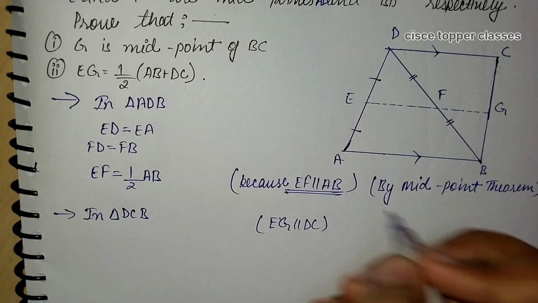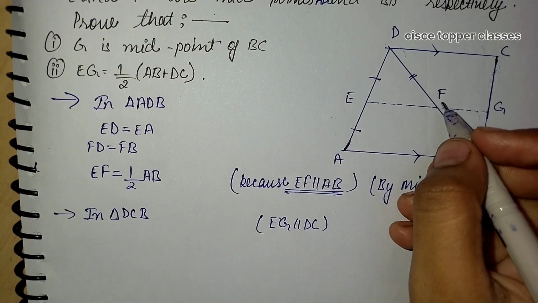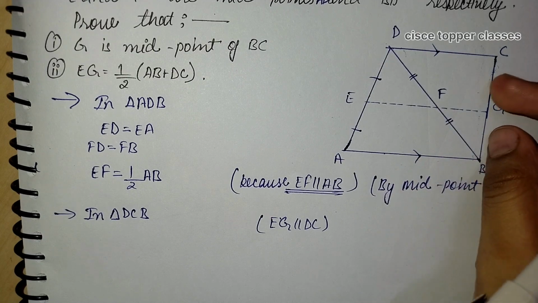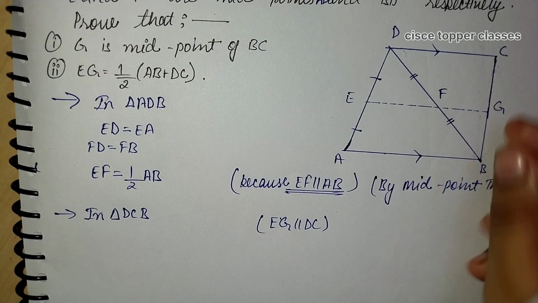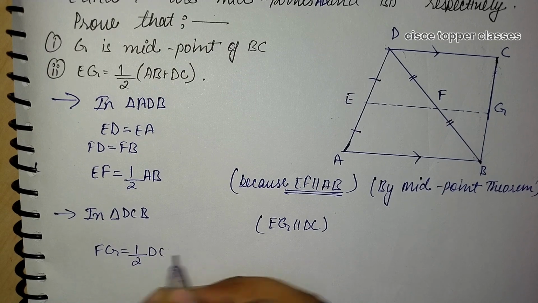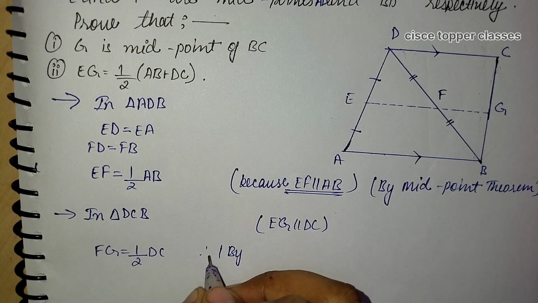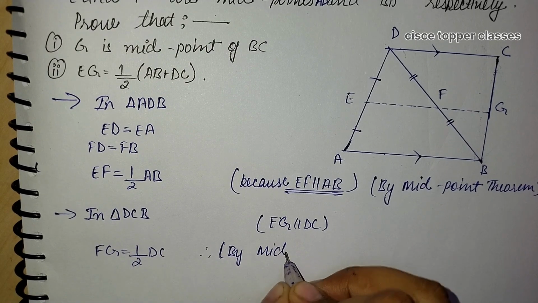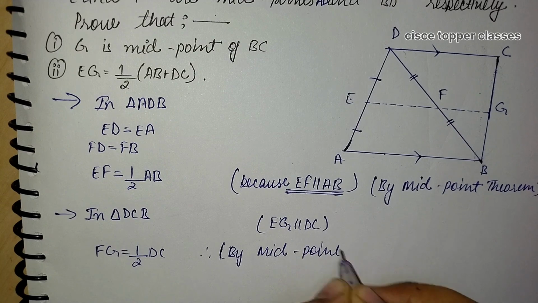So from here in triangle DCB, we can simply see that F is the midpoint, so G is the midpoint, and FG is equal to half of DC by midpoint theorem.